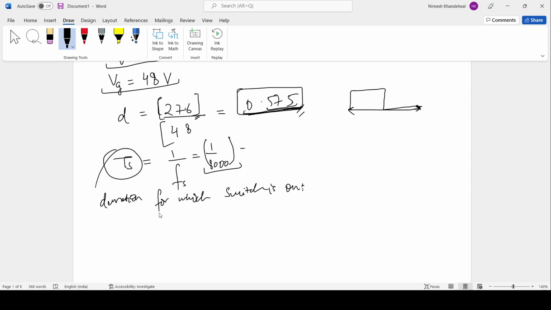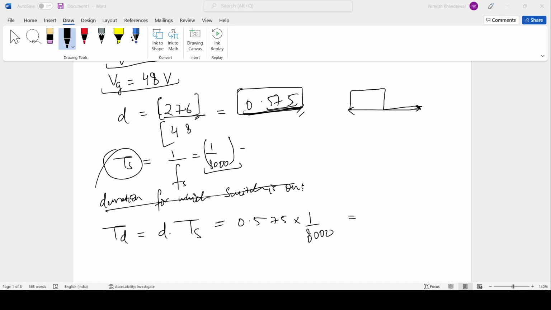So the duration for which the switch is on, I call it TD, is just D times TS, 0.575 times 1 over 8000. If you calculate, you should be able to verify that it comes out to be 71.875 microseconds. So this is the time for which the switch is on in one cycle.